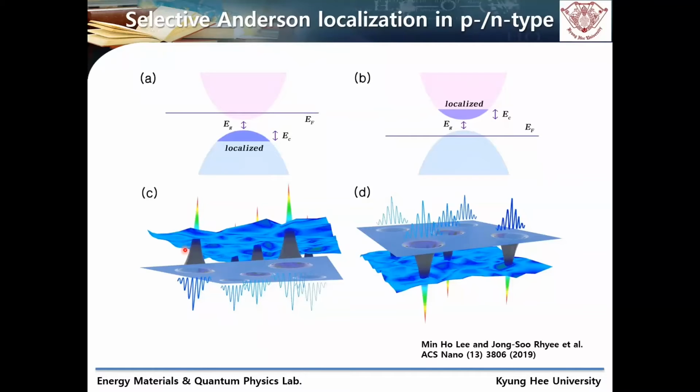When you think about the strong random positive potential, the electronic wave function of the electron becomes an extended state, and we assume that the hole becomes strongly localized by the random potential.